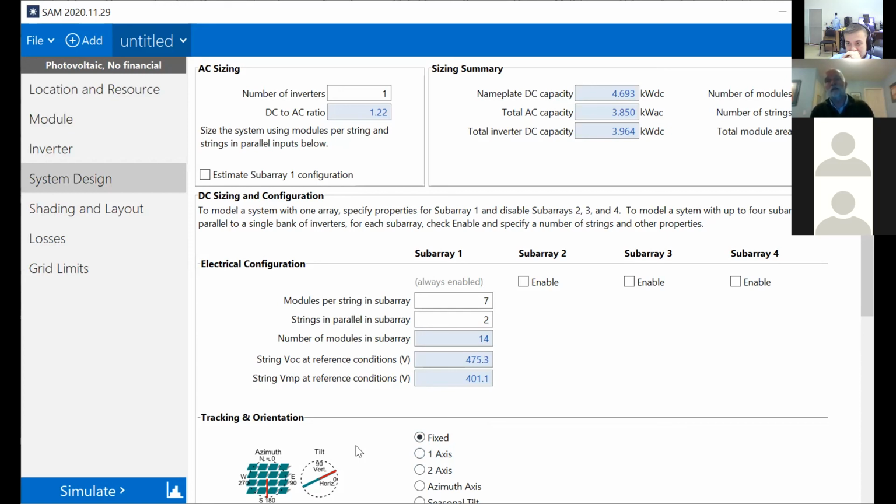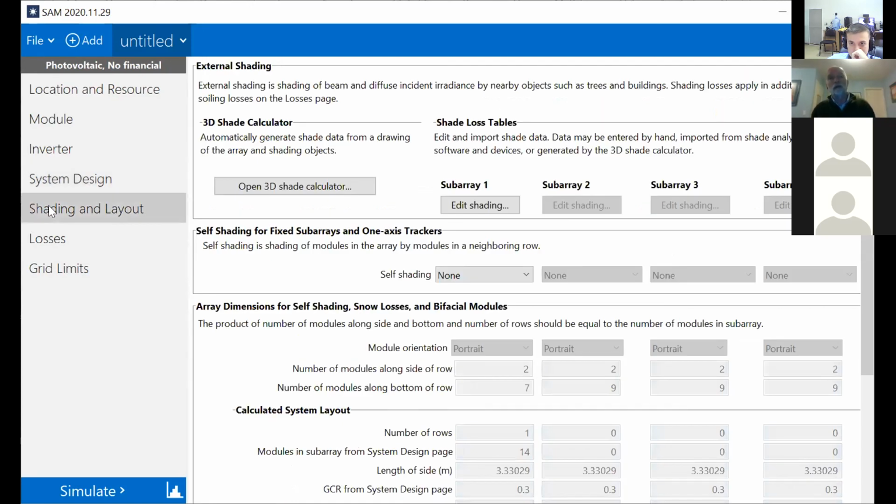The advantage of using software like SAM, and there's a number of other software suites that could be used as well, is that it does all that calculation for you and makes it very easy. That's why we're going to use it. You can also look at the way in which shading affects the performance, because anything that blocks the sunlight from reaching a photovoltaic module will reduce the power output. So you have to take that into account.